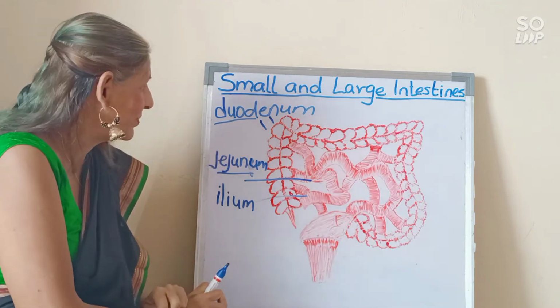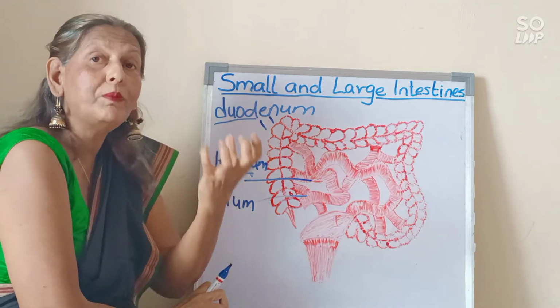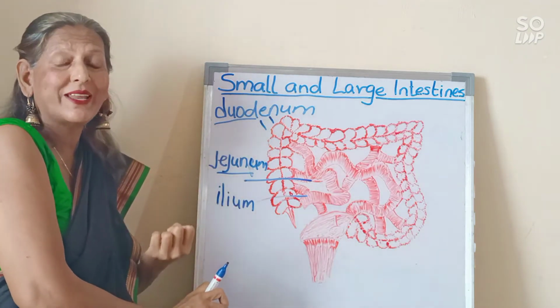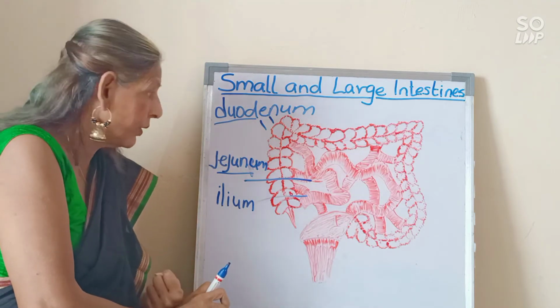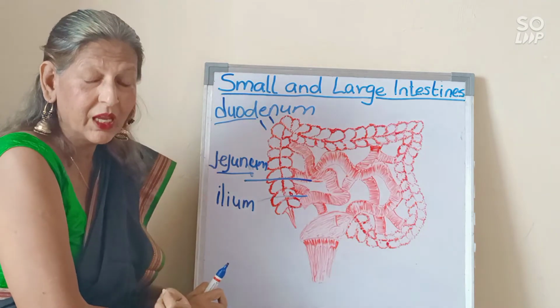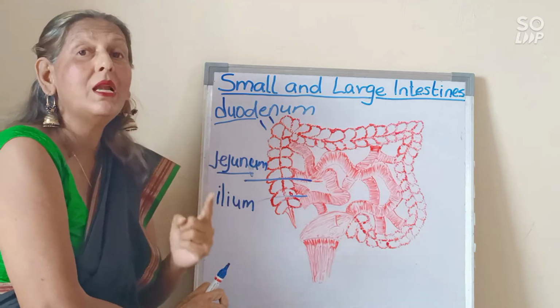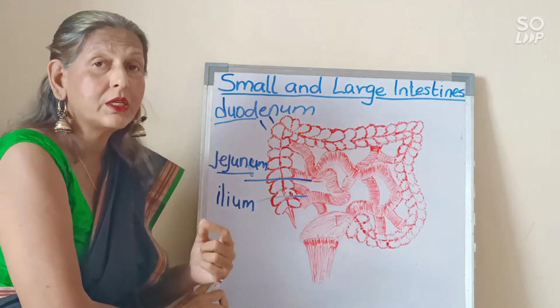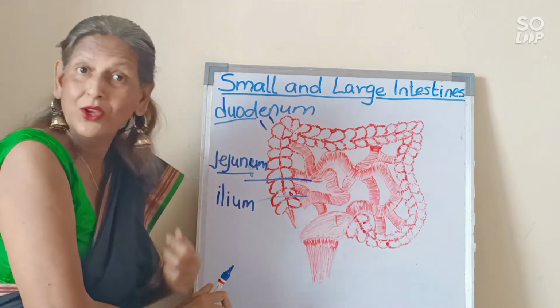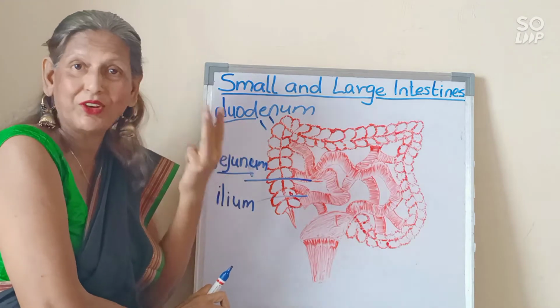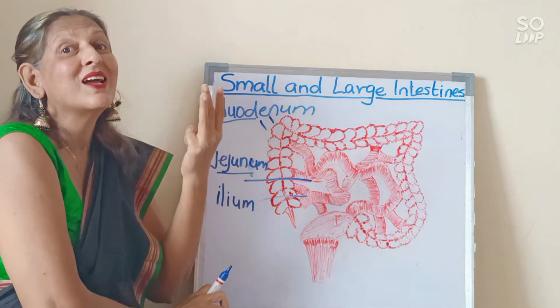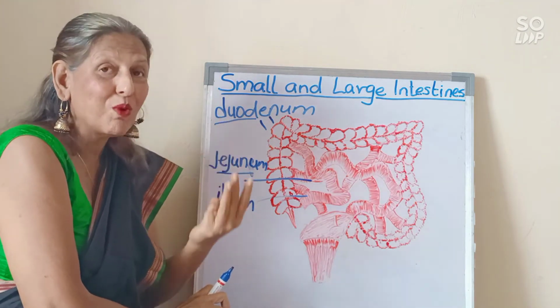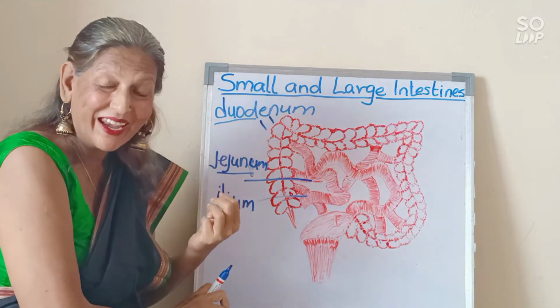Second, it absorbs all the nutrients and vitamins. Third, it helps build the immunity of our body. So, three very interesting functions of the small intestine.